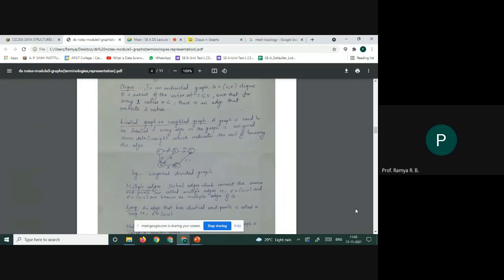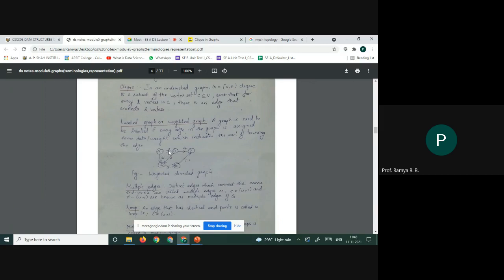A labeled graph or weighted graph. Whenever we use graph data structure, most of the time we use labeled graphs or weighted graphs only. So every edge will have some associated value annotated on it, like this, as you can see in the figure. And that value is in most cases the cost of traversing from one vertex to another, from one node to another. Suppose this is a network of computers.